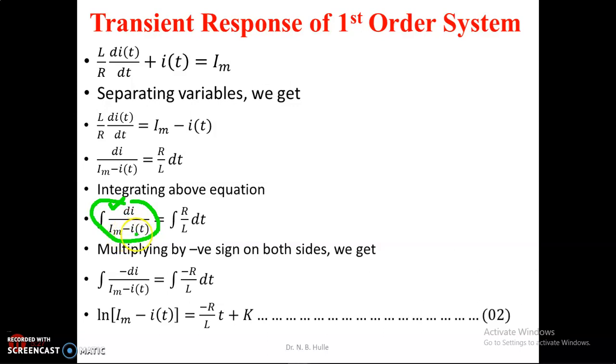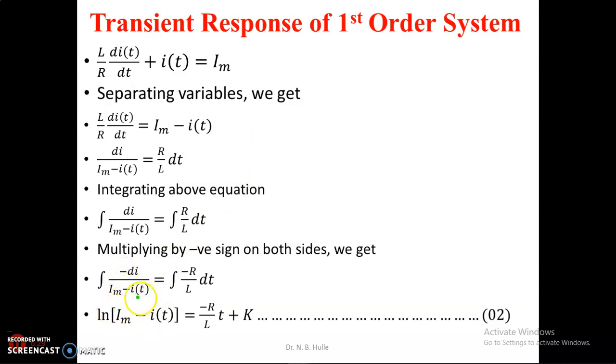The differentiation of Im minus i(t), because Im is a constant, and differentiation of i(t) with respect to t in this particular case is minus 1. That's why we are multiplying by minus 1. So we should have the differentiation of that particular term in the numerator. Now here the differentiation is available in the numerator.